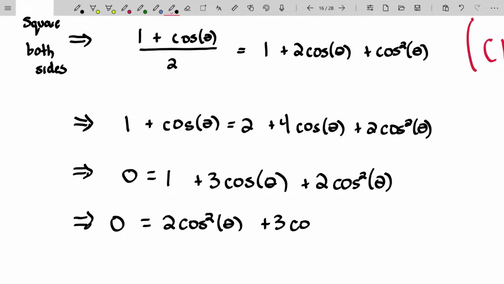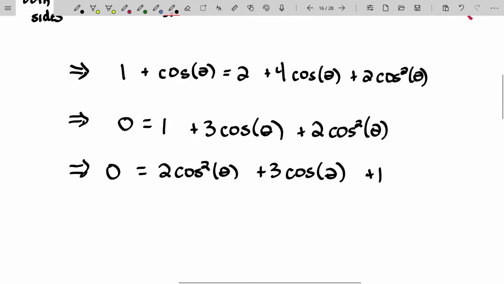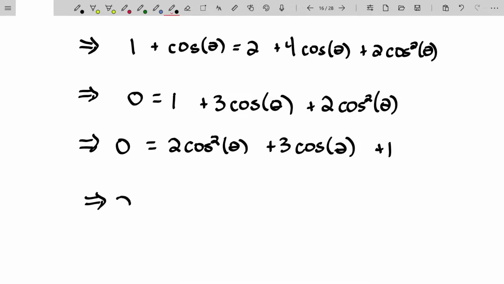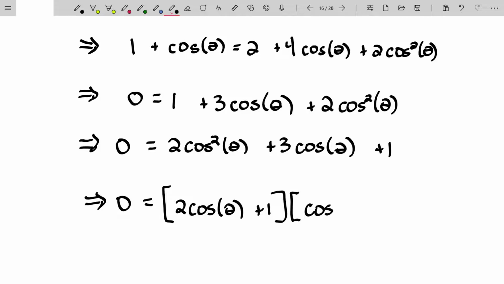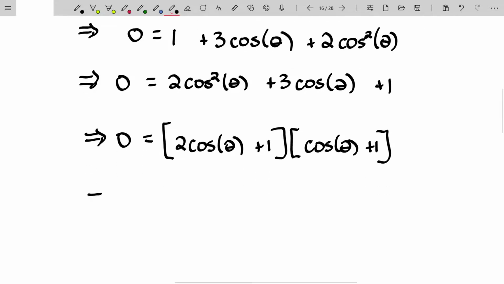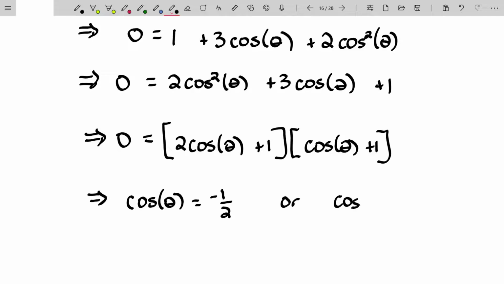I have a habit of writing it in decreasing power order. And this totally does factor to 2 cosine of theta plus 1 times the cosine of theta plus 1, which implies that the cosine of theta is either equal to a negative 1/2 or cosine of theta is equal to a negative 1.